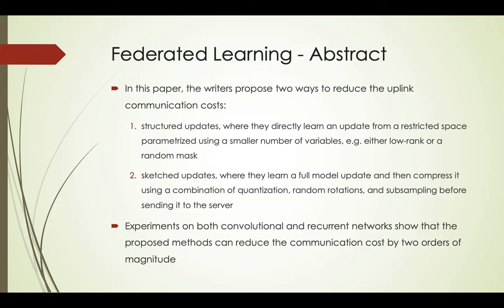The sketched updates, where they learn a full model update and then compress it using a combination of quantization, random rotations, and subsampling before sending it to the server. Experiments on both convolutional and recurrent networks show that the proposed methods can reduce the communication cost by two orders of magnitude.